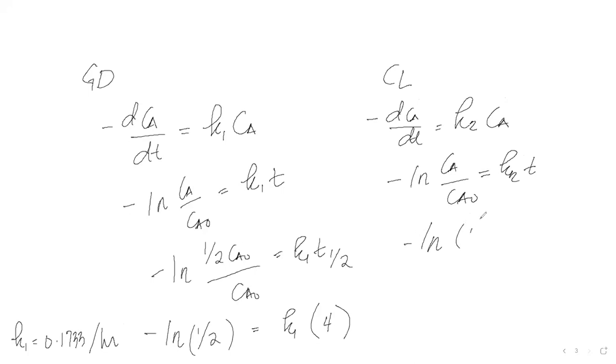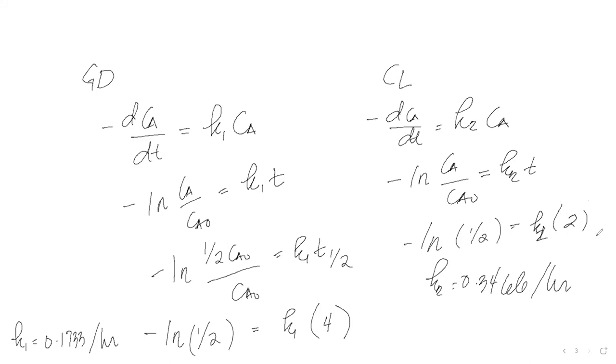Negative ln of 1/2 is equal to K sub 1 times the half-life here, which is 2 hours for Chak Alak. So in here, by the way, this is K sub 2. So your K sub 2 this time would be 0.3466. So this is also per hour.